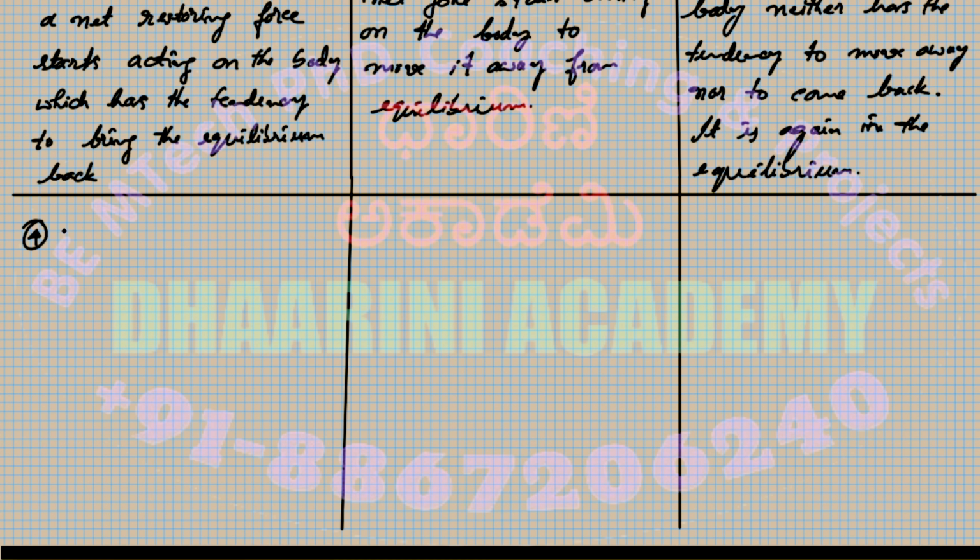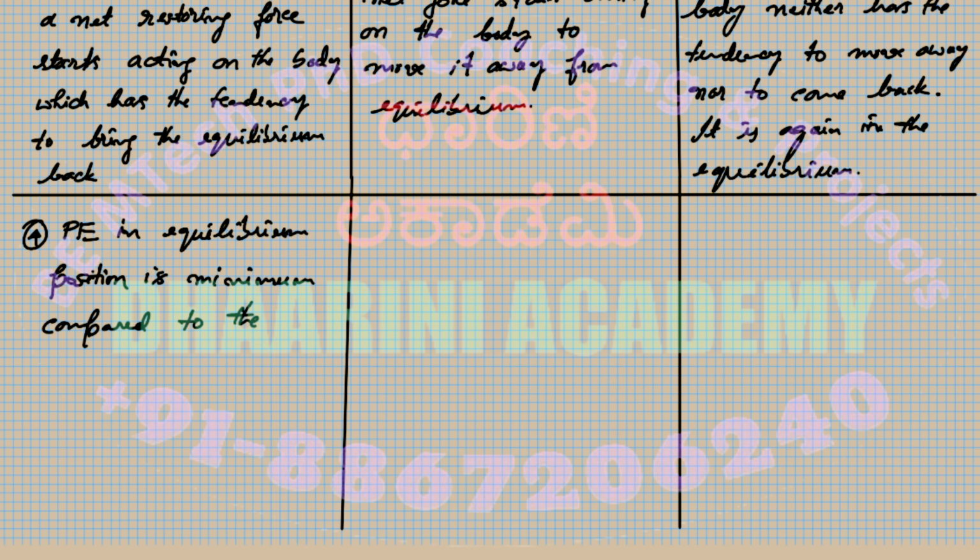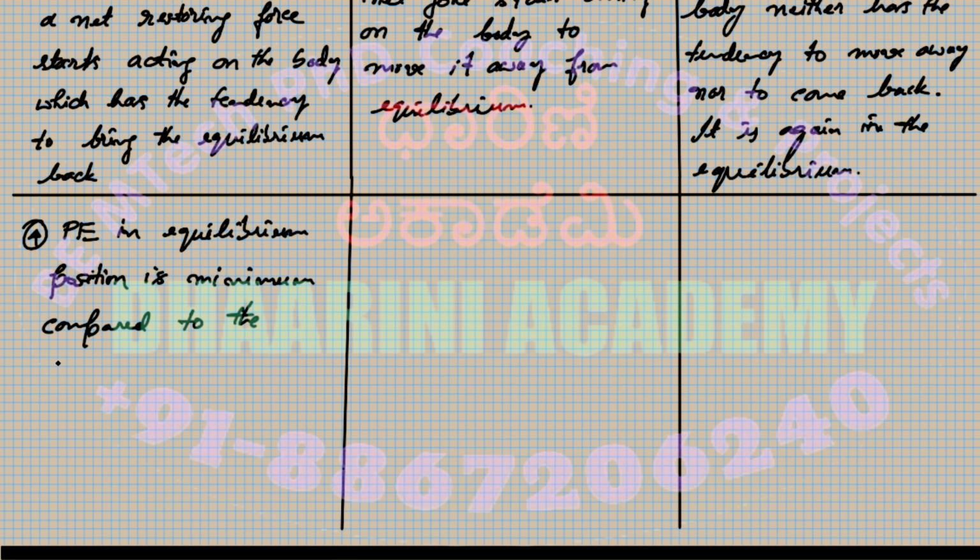All right, so I can write the potential energy in the equilibrium position. In equilibrium position, whatever is the potential energy that the object has is minimum compared to the neighboring points.